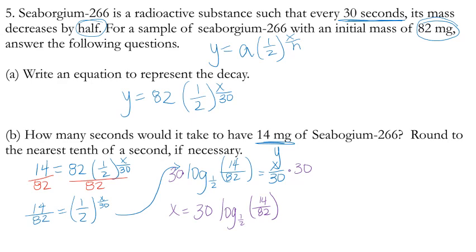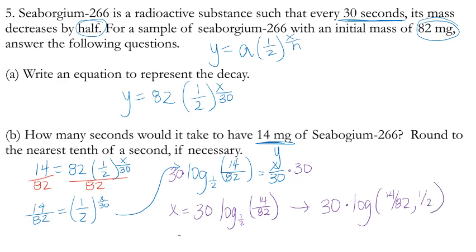Now that seems like a lot, but we can just plug that straight into our calculators. In your calculator, you are going to plug in 30 times the log, and then parentheses, and you want to do the argument first, so it would be 14 divided by 82, comma, 1/2.